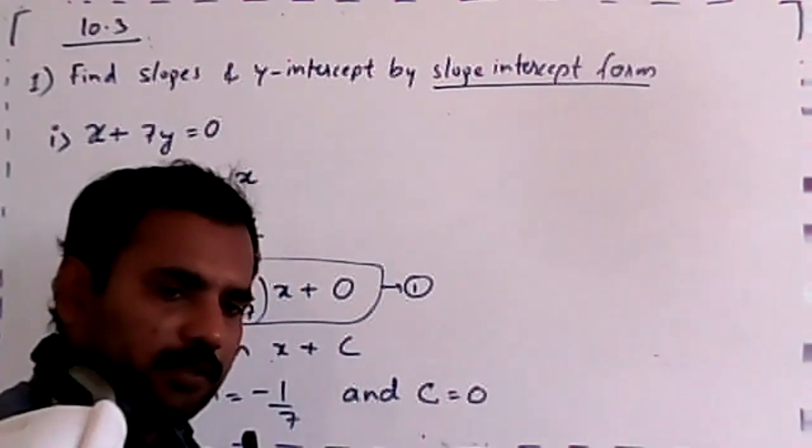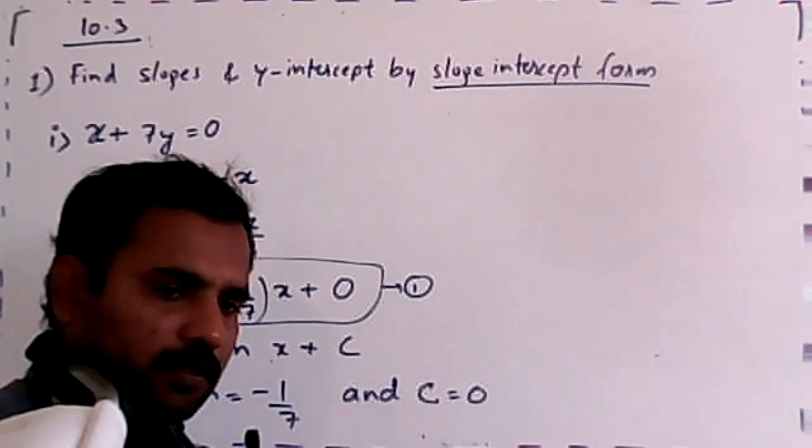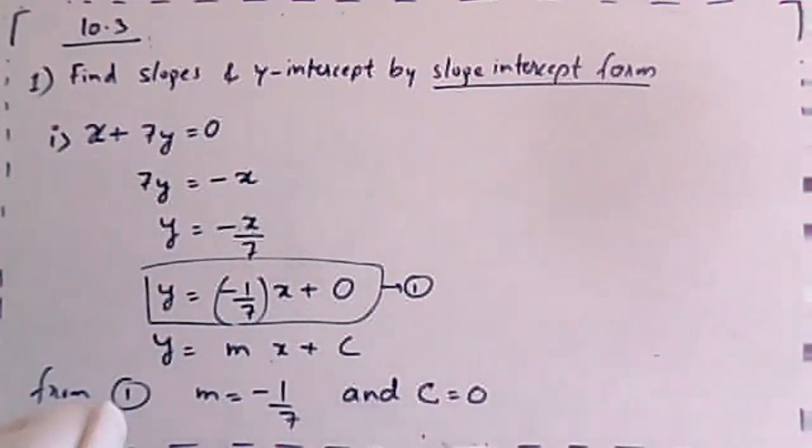Understanding? I have turned the given problem into slope-intercept form, that is y is equal to mx plus c. m is minus 1 by 7, that is the slope, and 0 is the y-intercept, c.